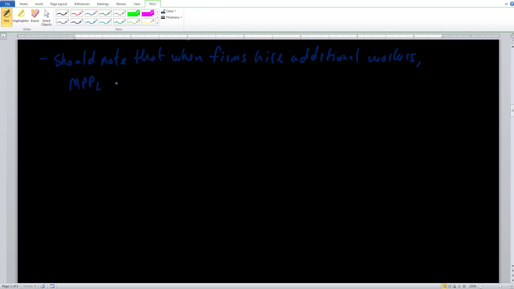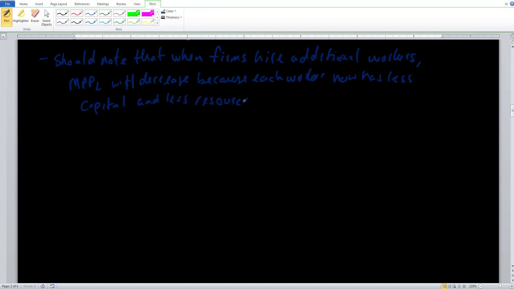Marginal physical product of labor will decrease because each worker now has less capital and fewer resources to work with. So less capital and less resources to work with, basically showing us why column number 3, the MPPL, is declining as we hire more and more workers.